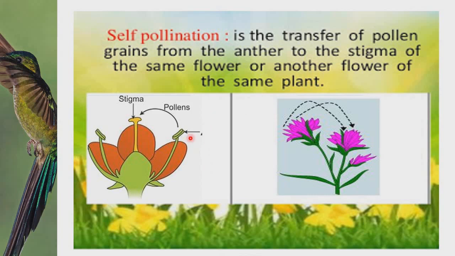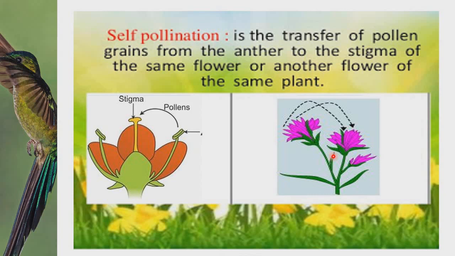Autogamy involves transfer of pollen grain from anther to the stigma of the same flower, while geitonogamy involves the transfer of pollen grain from the anther to the stigma of another flower of the same plant.